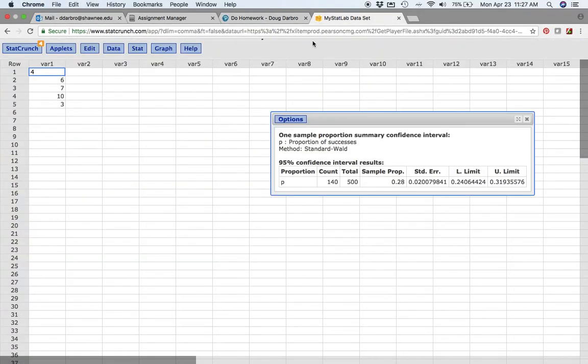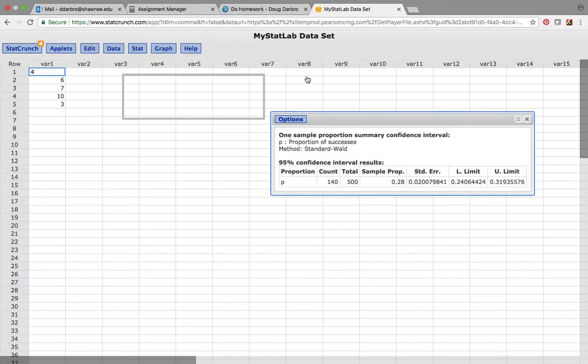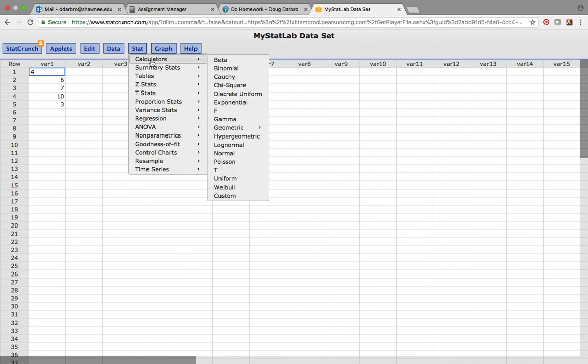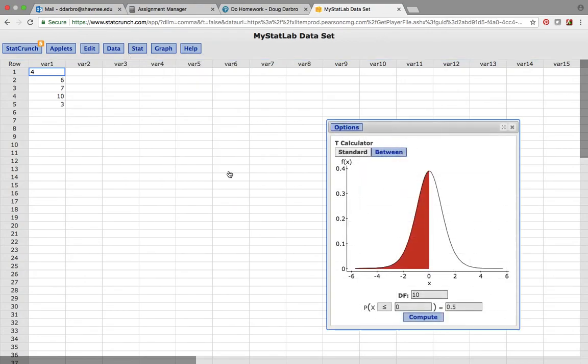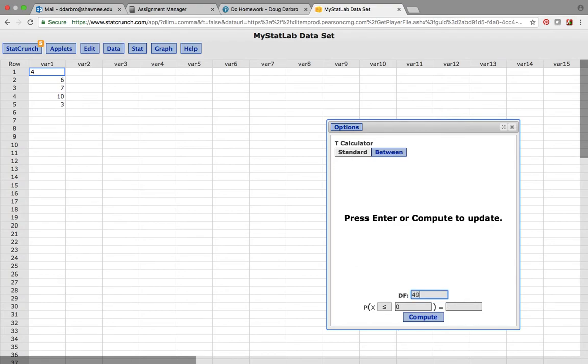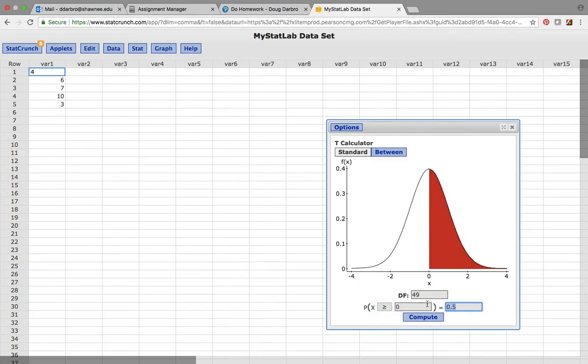So gang, what I need to do here is go to the stat calculator, and I need the upper tail to be 0.025.